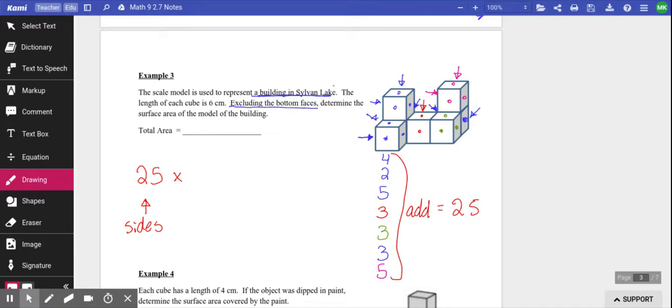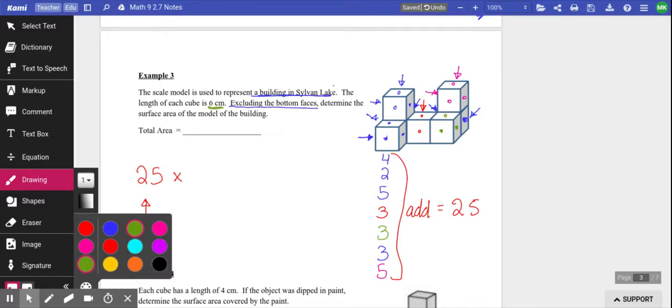times the area of one side. What's the area of one side? They told us it was 6 centimeters. So 6 times 6 would equal 36. 36 is the area of one side.